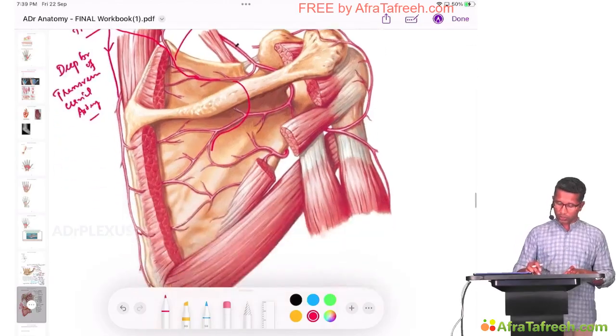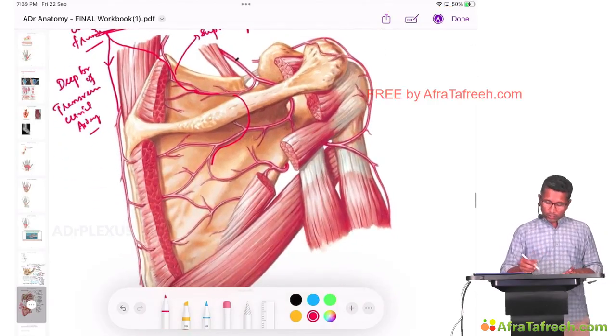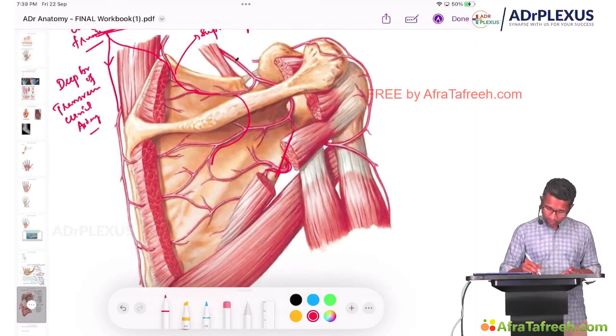Okay, and if you see on the lateral side, the subscapular artery is running here, and from the subscapular artery you get a branch called the circumflex scapular artery.